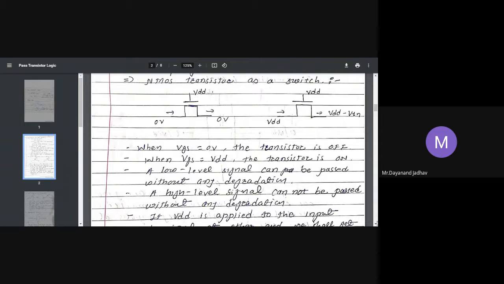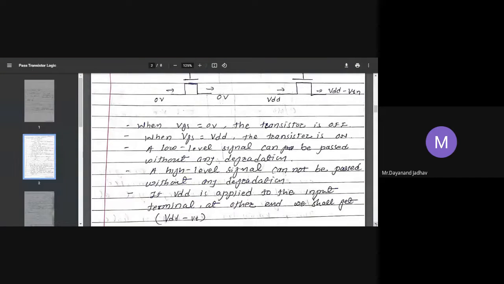Therefore, when we consider the value 1 in the NMOS transistor, there is a difference, and it cannot be passed easily.